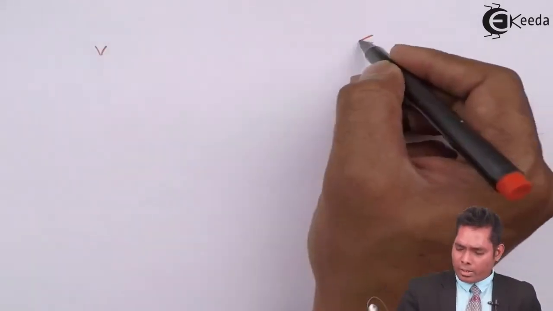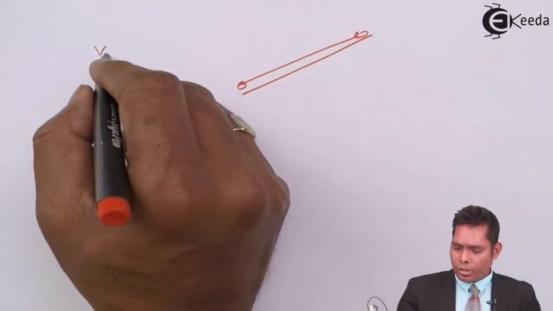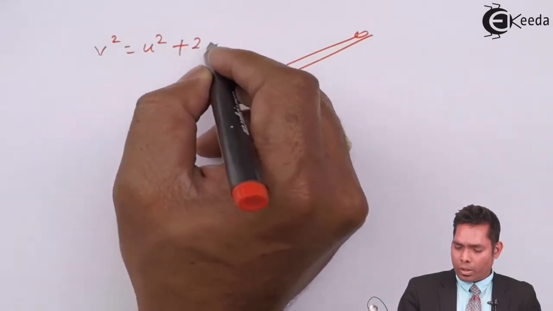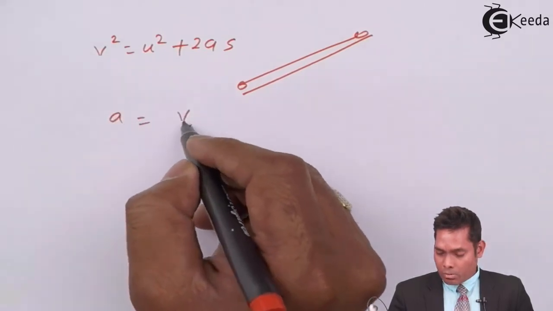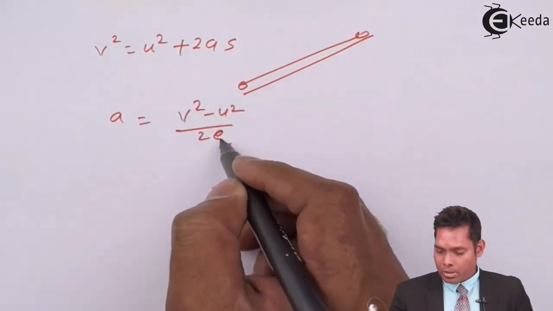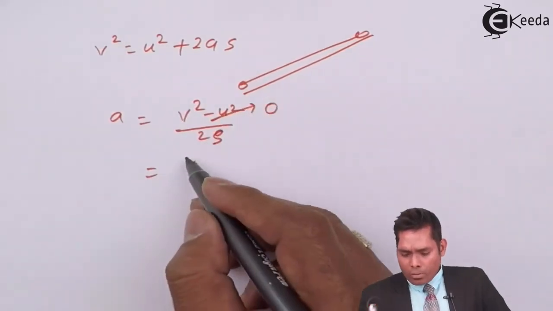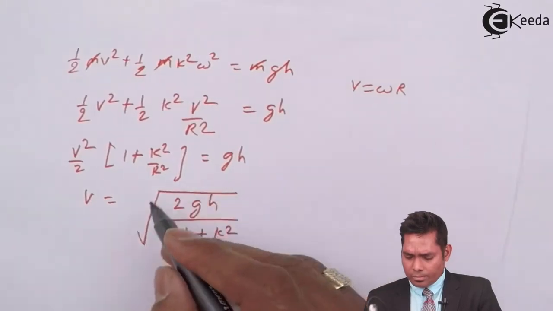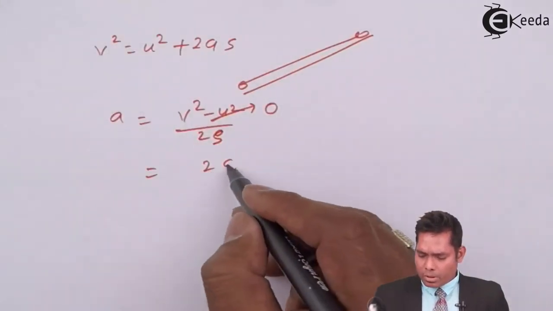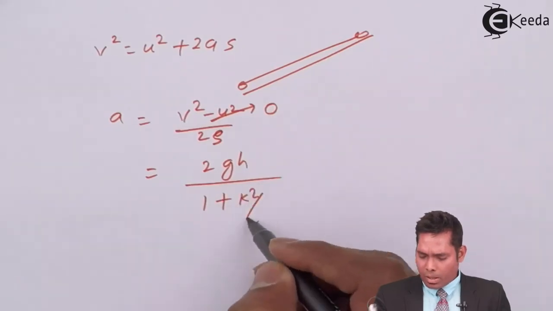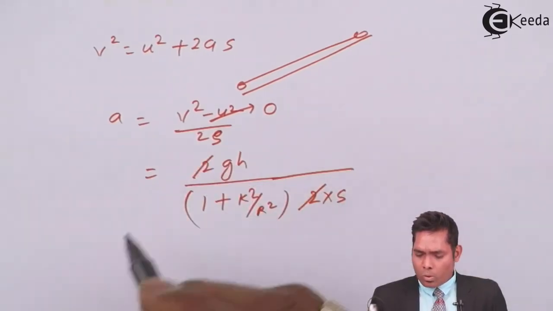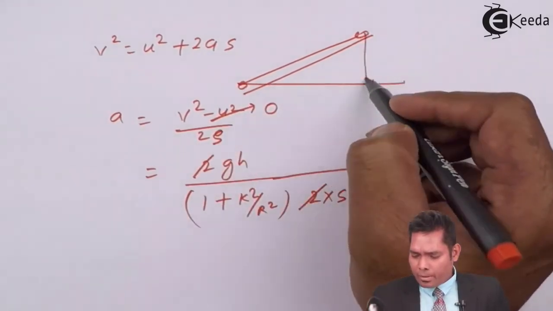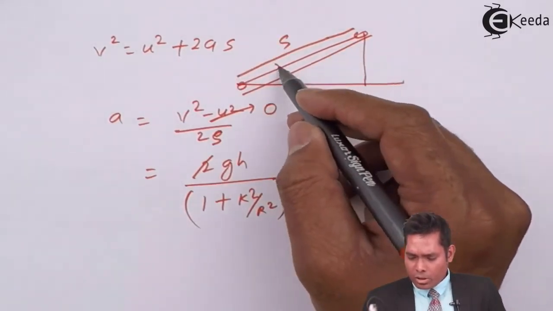And if you want to find the formula for a, then in this direction the acceleration was there, so v square is u square plus 2as, and I want a, so it is v square minus u square divided by 2s. The initial velocity is 0, released from rest. V square is 2gh divided by 1 plus k square over r square, divided by 2 into s, this 2 will go. What is s? This is the inclined plane, this is your s, this is your theta, this is your h.